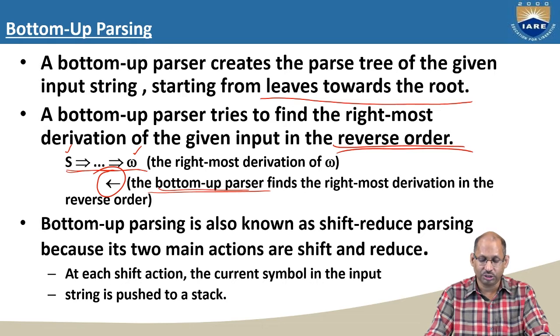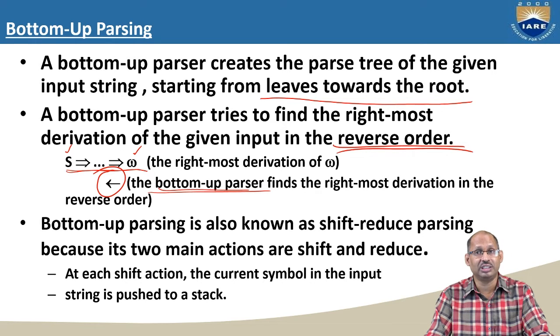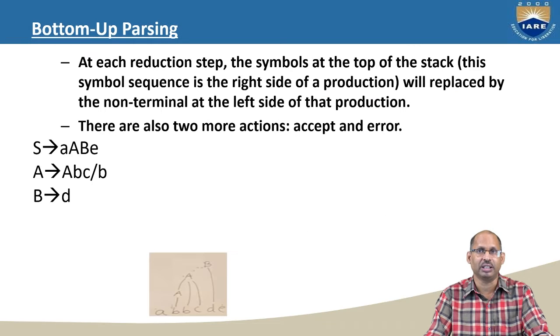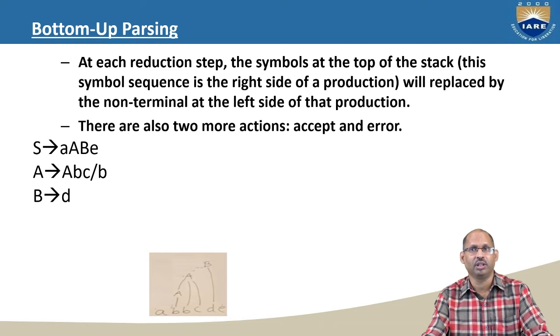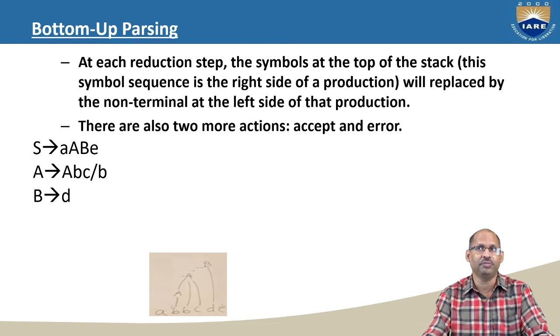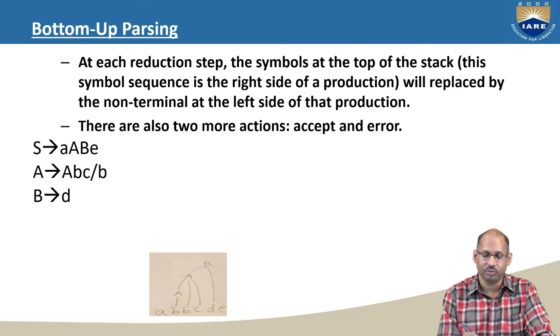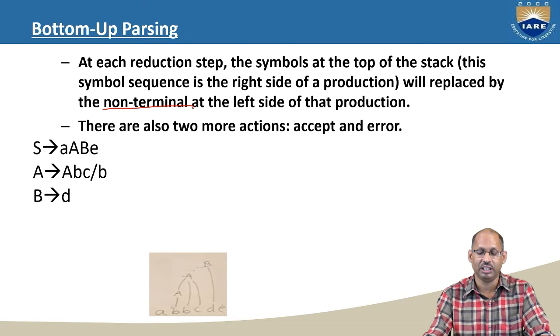Reduce means the symbols at the top of the stack, matching the right side of a production, are replaced by the non-terminal on the left side of the production. So there are two steps, shift and reduce.